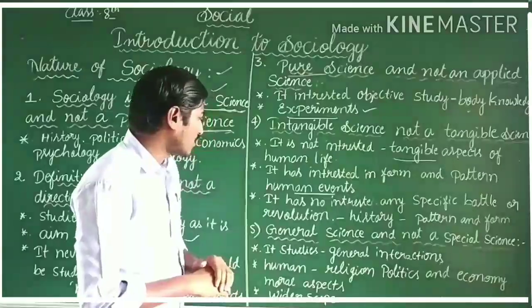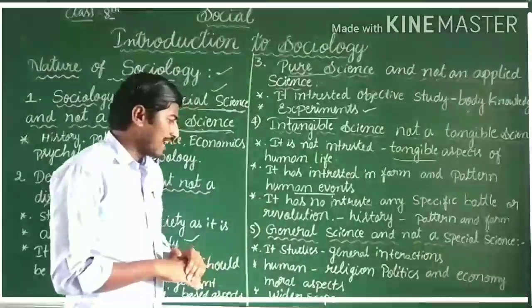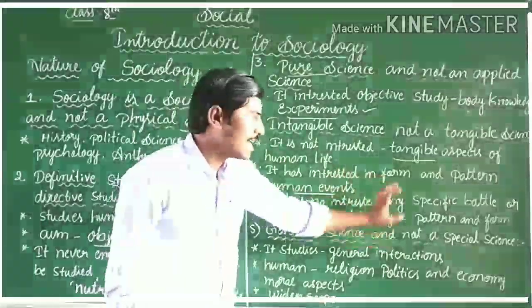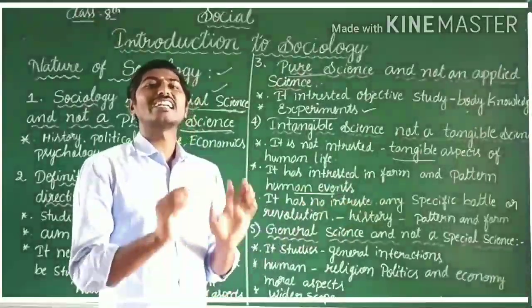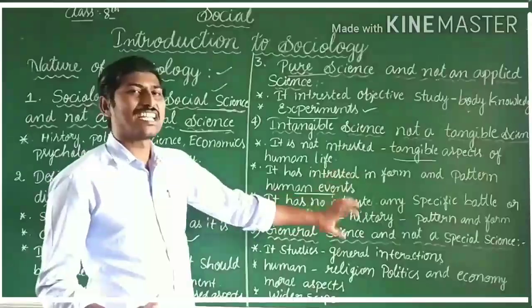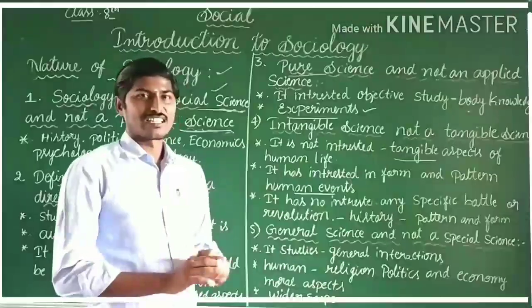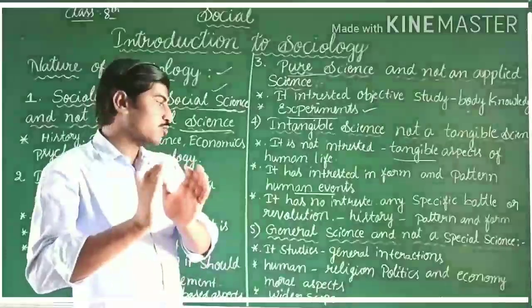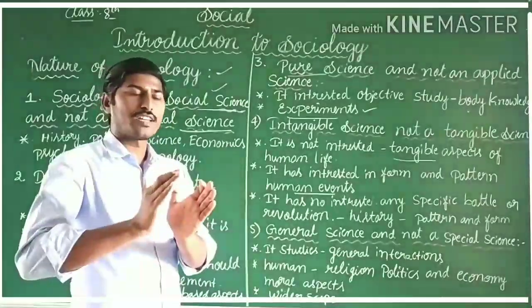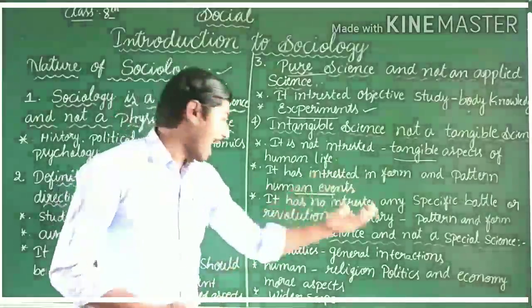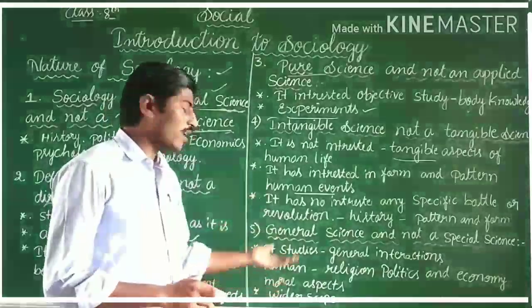And the last nature of sociology is that it is a general science and not a special science. It is a general science because it studies the general interactions of human life, the human activities, like religious activities, political activities, economic activities, and the moral aspects.